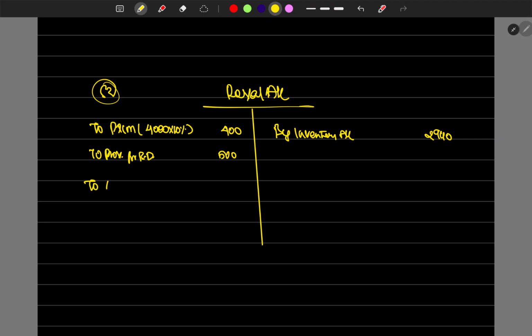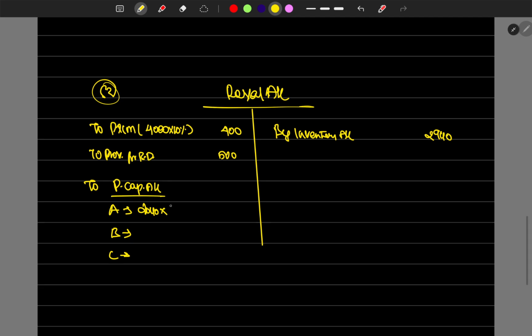So to the partners' capital accounts A, B, C: 2940 minus 400 minus 500, which is 2040, into 1 by 3, which is 680 each. Sorry.